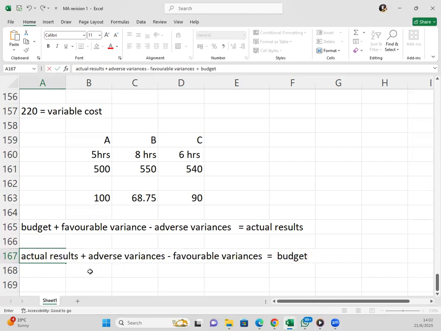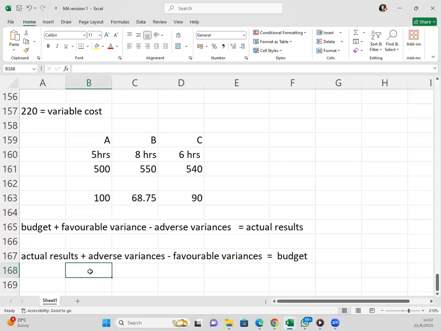So in this case, we are given the actual profit and we want to work out the budgeted profit. So we would say the actual profit, which is the actual result.